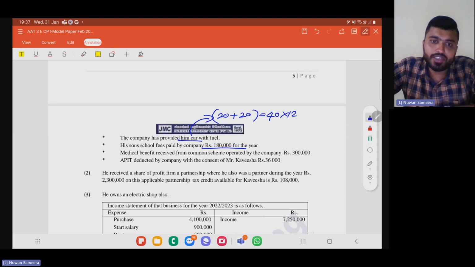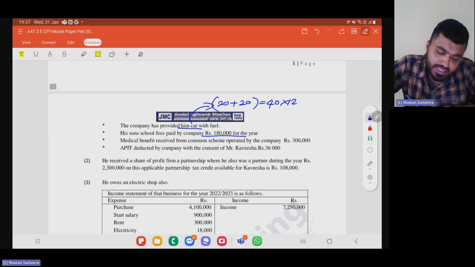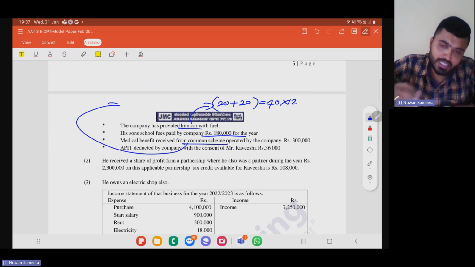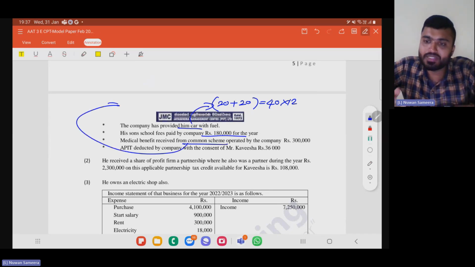The medical benefit received in the common scheme operated by the company is 300,000. The common scheme means there is an equal condition for all employees regarding the medical.